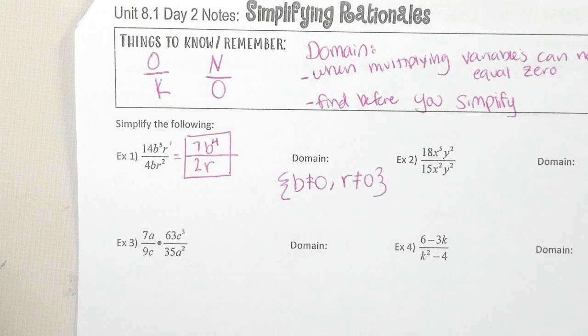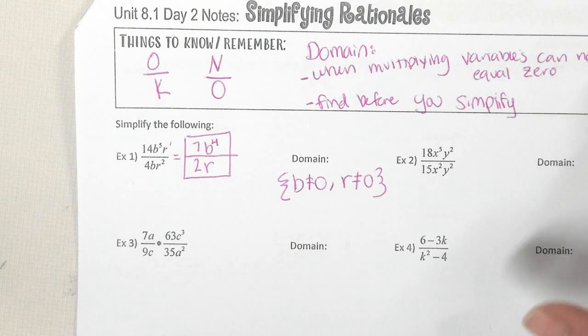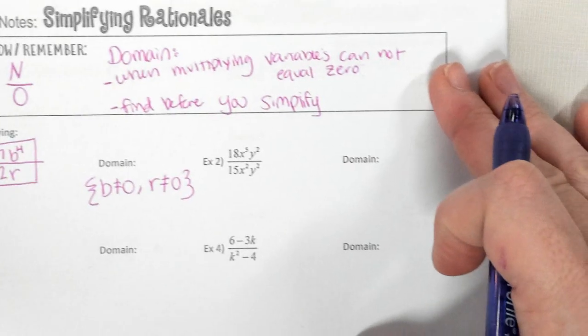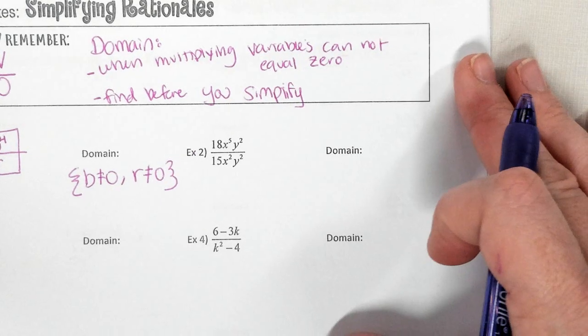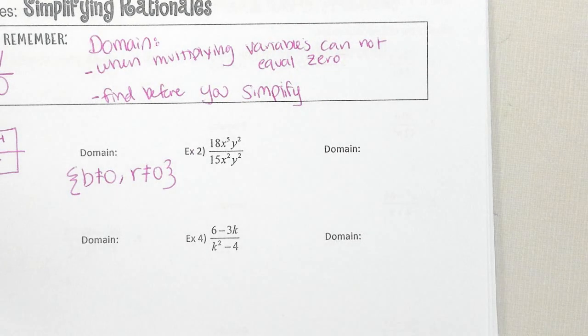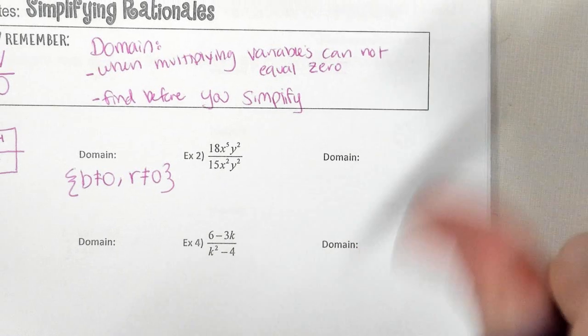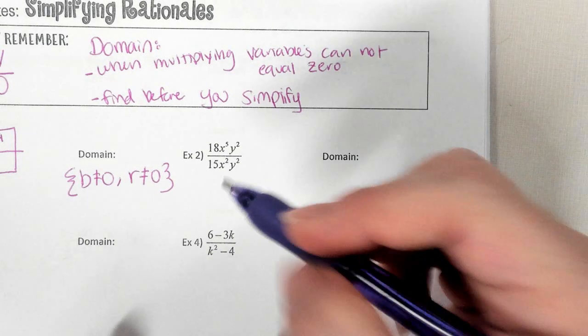So like I said, that's really not new for y'all other than the domain part. Okay? So this one, number 2, any questions on number 1? Okay, number 2 is a little different when it comes to simplifying because they're not both even. But before we do that, before you simplify, you have to find your domain. We have 2 letters.